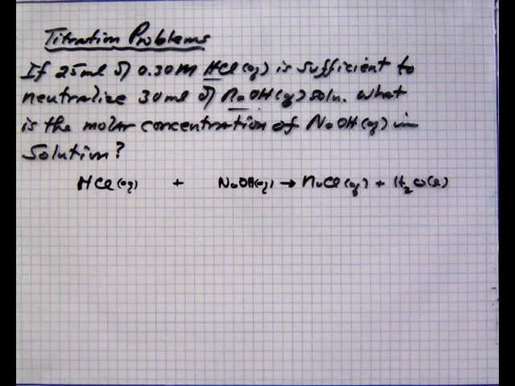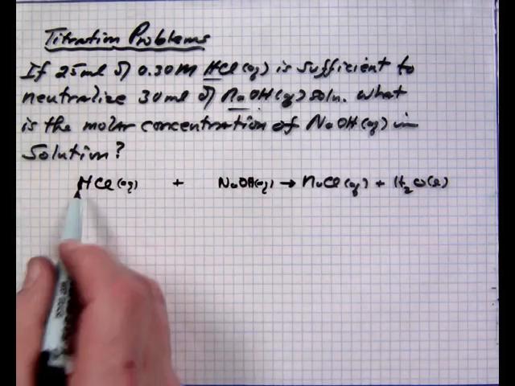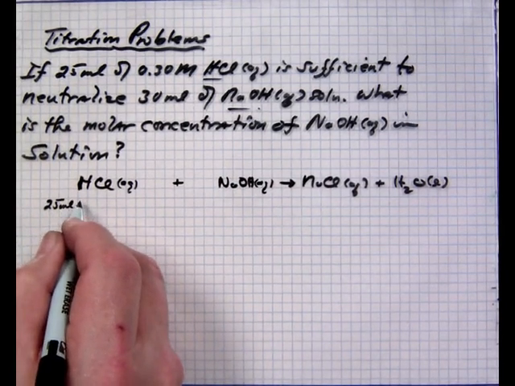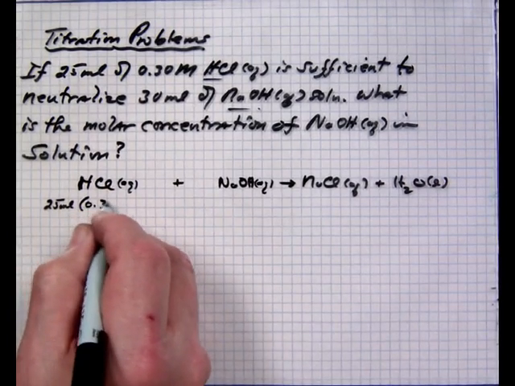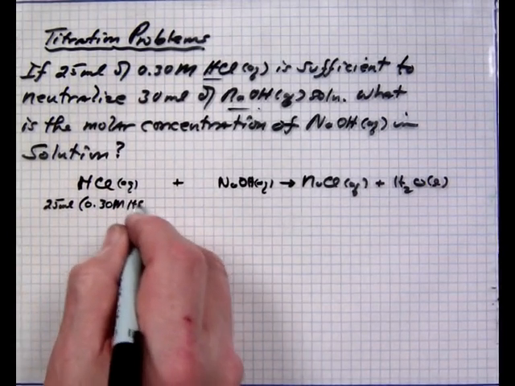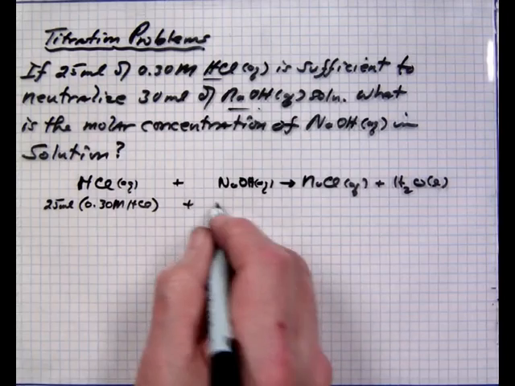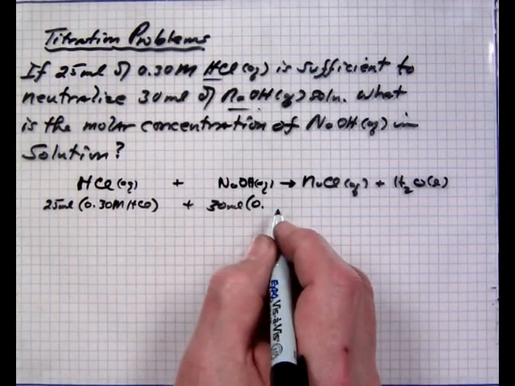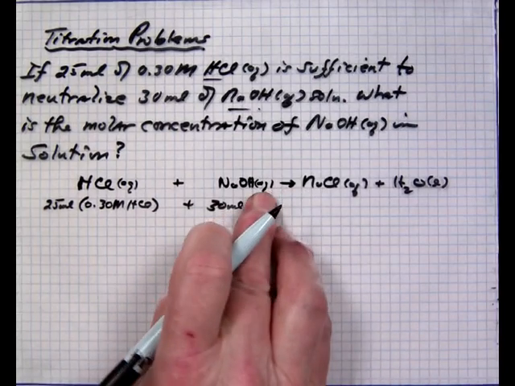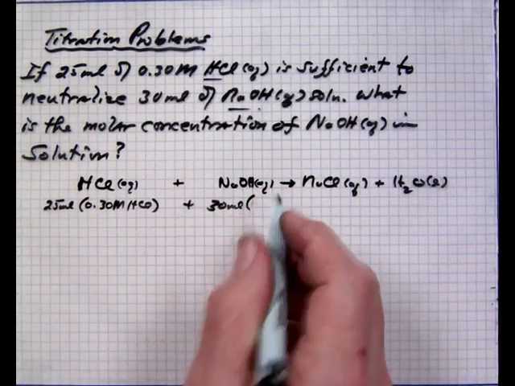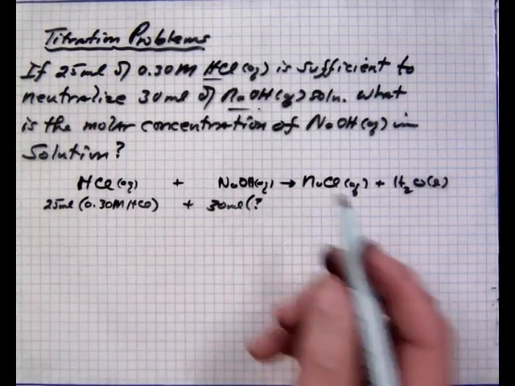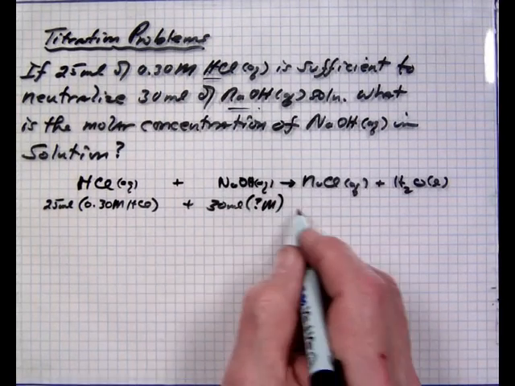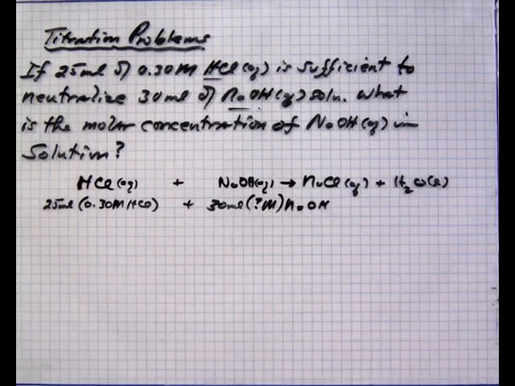Now, jot down the data that's associated with the solutions. Here we have 25 milliliters of 0.30 molar HCl plus 30 milliliters of unknown molar sodium hydroxide.